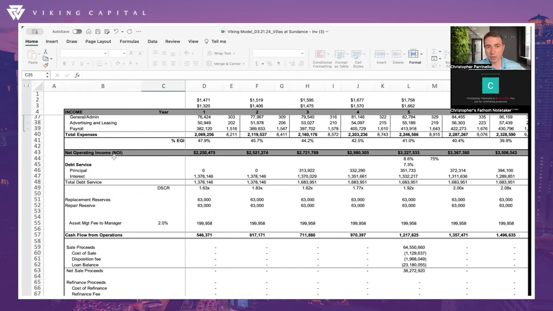The other piece here is we talked about net operating income and how it trails up. So this is the other big, I'd say, business thesis for these deals: you're buying at nearly a five cap. You're usually planning on selling depending on what you believe is going to happen in the real estate market.